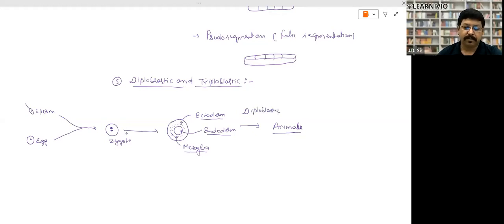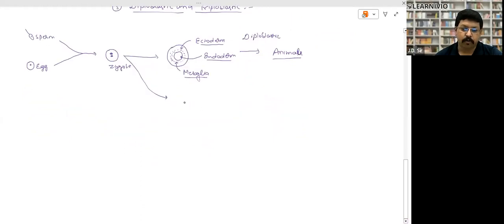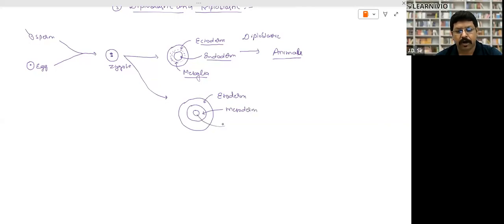What happens in some advanced animals? Another kind of development can be seen, called triploblastic development. The zygote will divide into multiple cells and make an embryo with multiple layers, and that embryo will have three layers. The upper layer is called ectoderm, the middle layer is called mesoderm, and the inner layer is called endoderm.